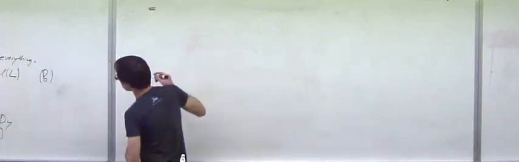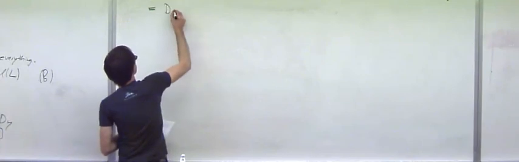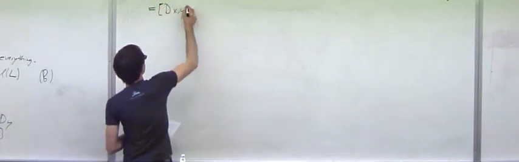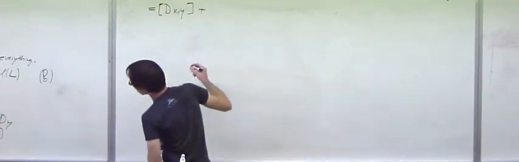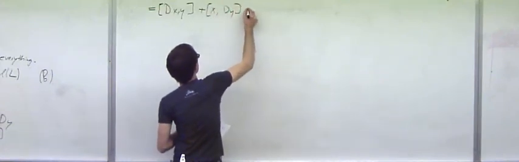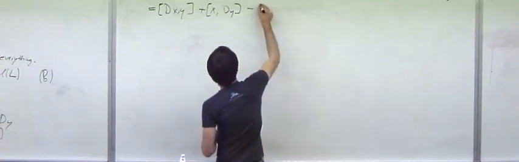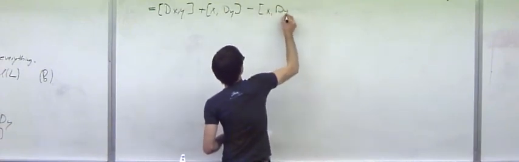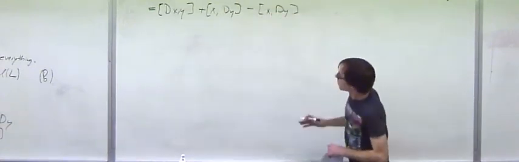So that's [Dx, y] plus [x, Dy], and the second thing just stays, but then of course these cancel.